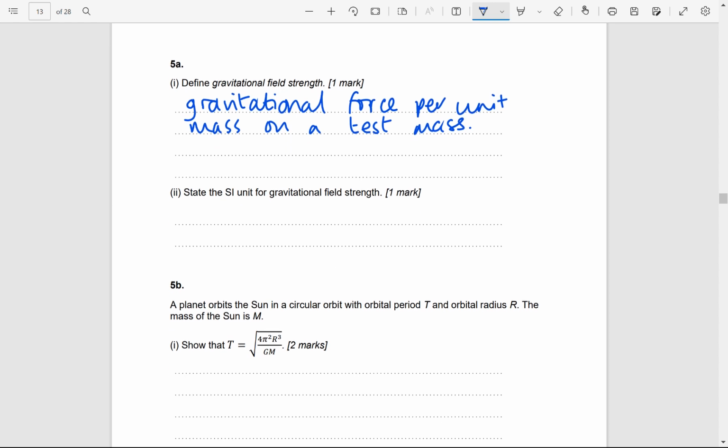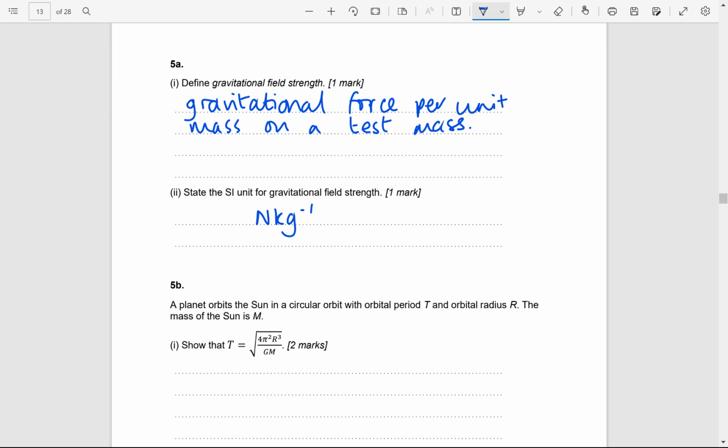State the SI unit for gravitational field strength. That's a nasty one. It's a bit of a trick. It's actually newtons per kilogram. It's not meters per second squared, I'm afraid, which a lot of people wrote. I know newtons is not an SI unit.